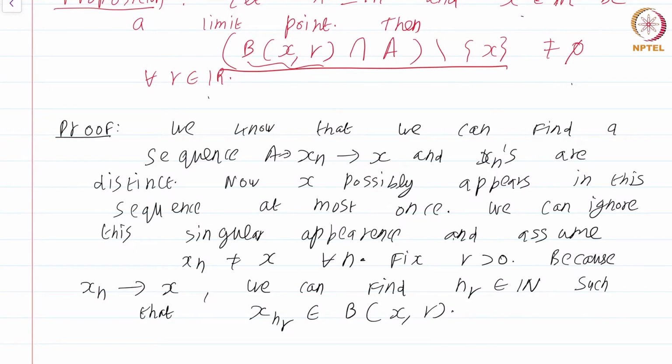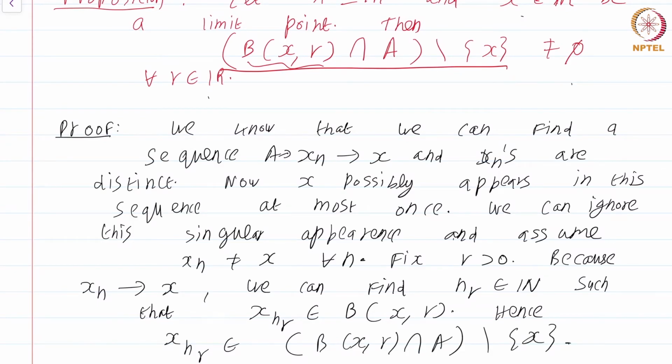For sufficiently large n, the terms of the sequence must in fact all be in this ball. I will not be able to find just one n_r. After a point, all the elements of the sequence must be in B(x, r). Okay. Hence, x_{n_r} is an element of B(x, r) intersect A set minus {x}, right? Because this x_{n_r} cannot be the element x, simply because we have assumed that the sequence x_n does not contain the point x as any of its terms.